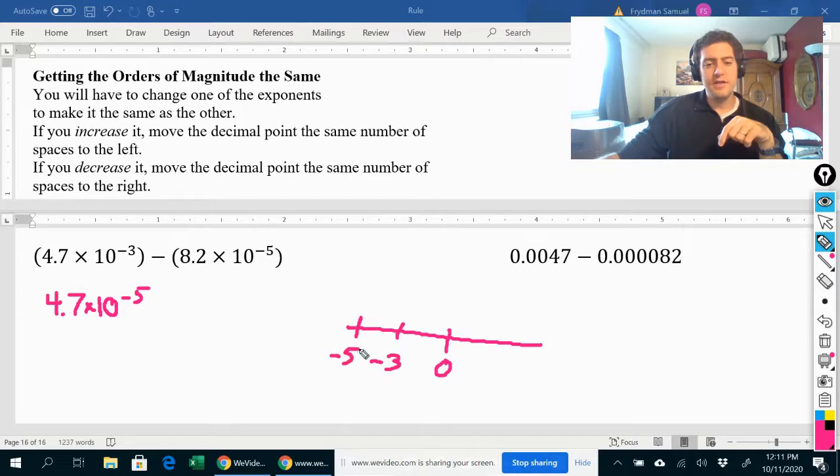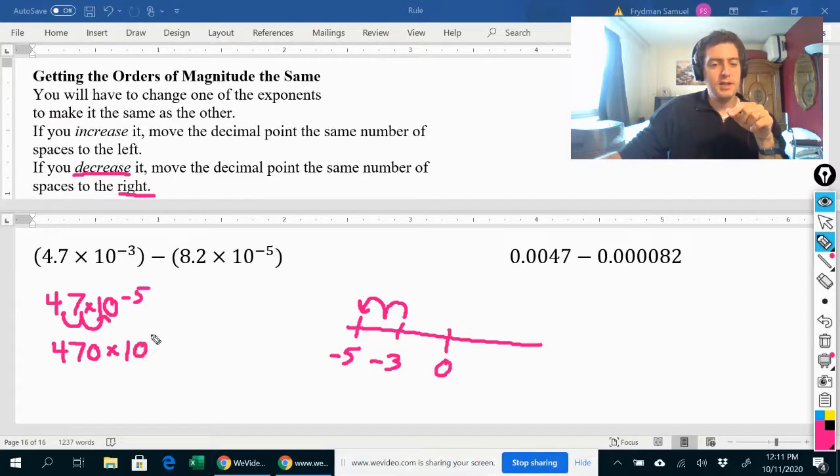Here is -5, which is to the left. So we actually decreased this exponent by 2. So if we decreased the exponent by 2, we need to compensate by moving the decimal 2 spaces to the right. So if we do that, 1, 2, we'll get 470 times 10 to the -5th.